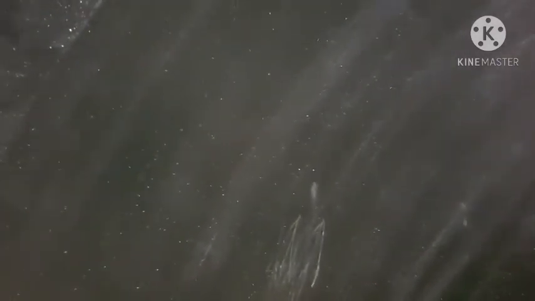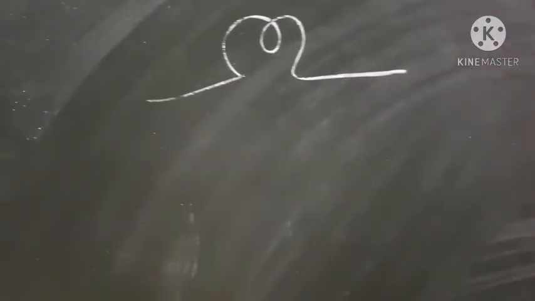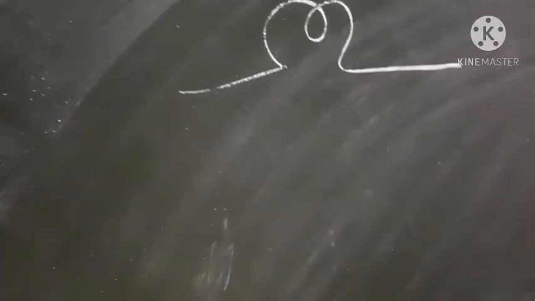Now if you want to draw a circuit, how can we draw it? First of all, we will see what components of the circuit are given. For example, we are given a question: draw a circuit in which there is a bulb. We will represent the bulb like this, and a battery of 3 cells.